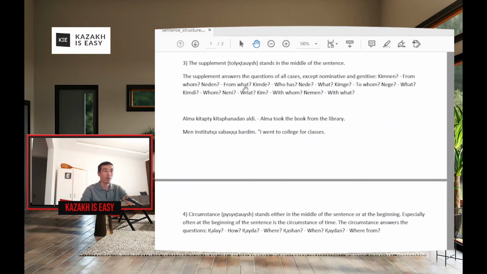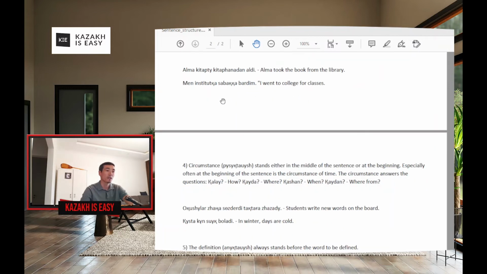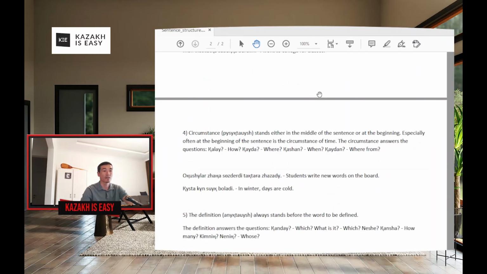Кімнен, from whom, неден, from what, кімде, who has, неде, what, кімге, to whom, неге, what, кімді, whom, нені, what, кіммен, with whom, немен, with what. Examples: Alma кітапты кітапханадан алды. Alma took the book from the library. Мен институтқа сабаққа бардым. I went to college for classes.